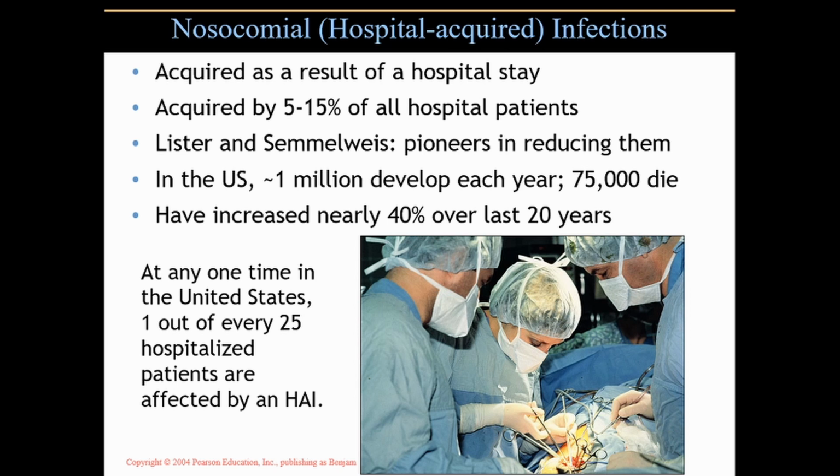Why? One of the reasons is we have a larger aging population. We have a population that is living longer and longer and longer due to medications and drugs, keeping people alive longer.